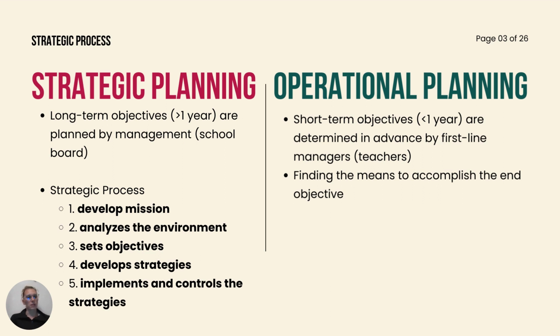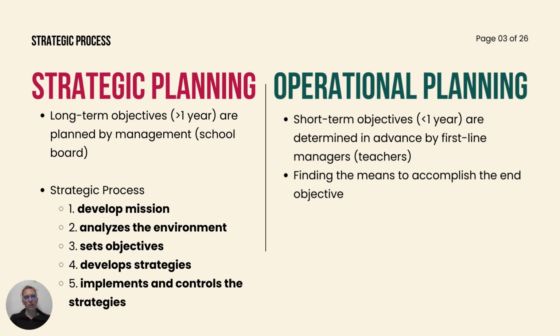We'll go over objectives later too. Develops strategies. So not only do you develop your objectives, but you develop how you're going to accomplish your objectives. So that develops strategies part would be the how part of all of this.